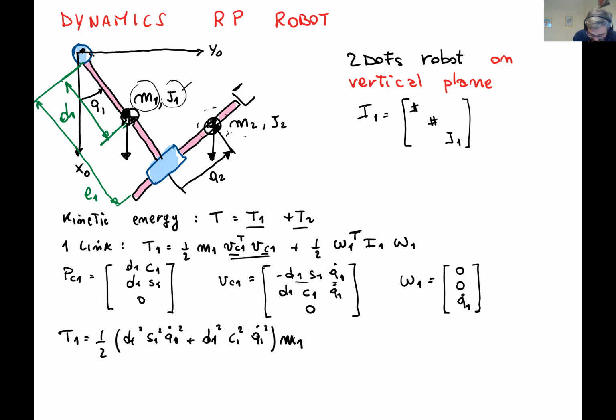We need to multiply by the mass, plus we have 1/2 the rotational part, which, because of how omega is made, will extract from the I1 matrix only the ZZ element, because the other entries are 0, 0, non-zero, non-zero. If we do the multiplication, we see this. So in essence, we get a scalar times q1 dot squared.